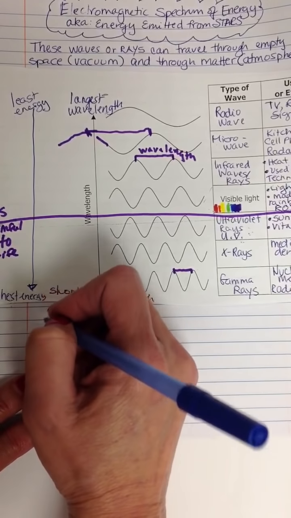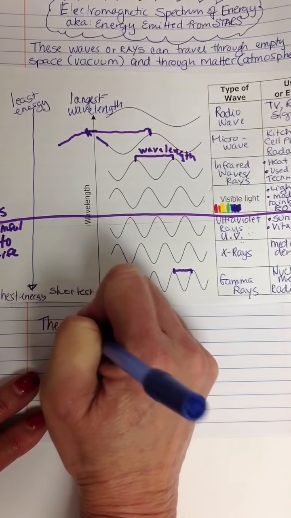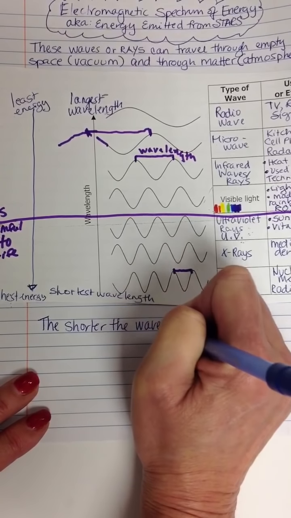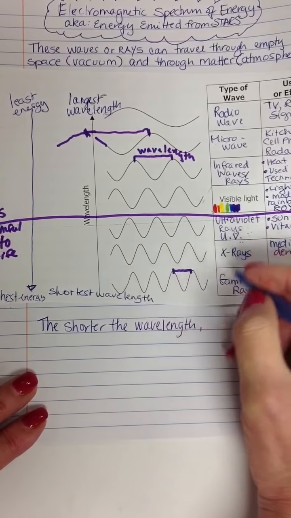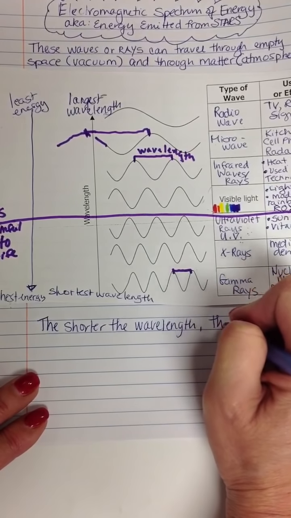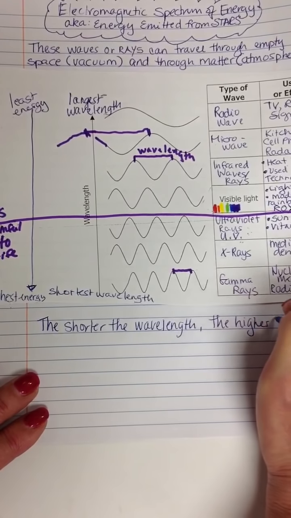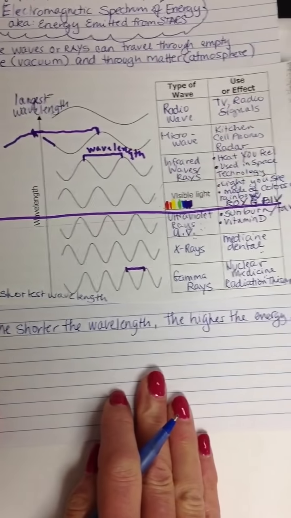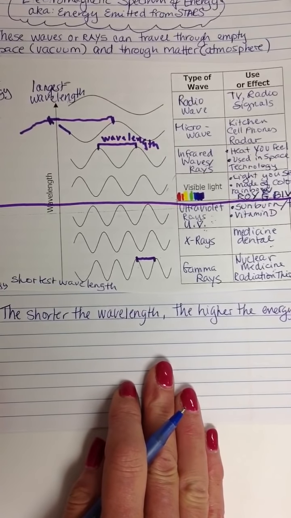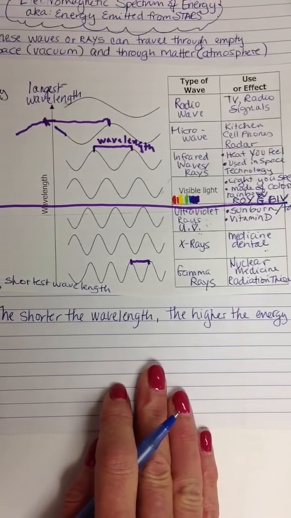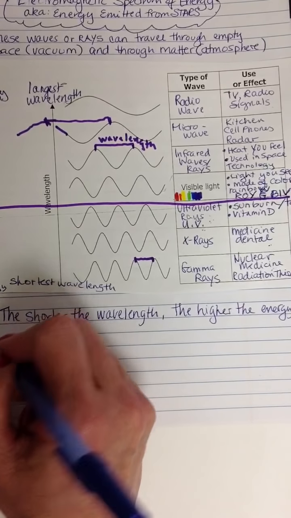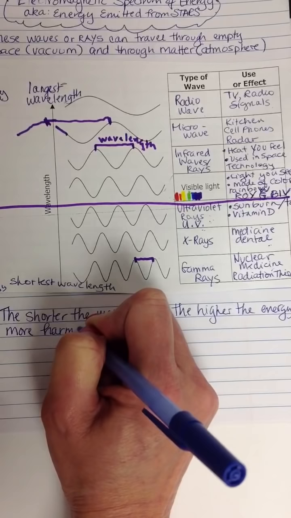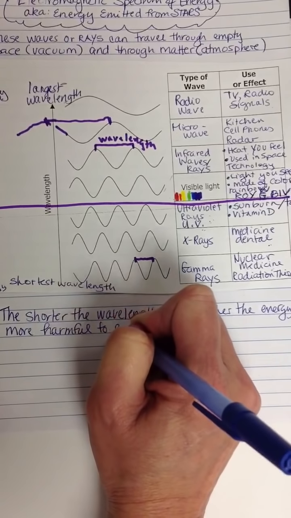We want to note the shorter the wavelength, the higher the energy, meaning the more dangerous to life, or more harmful to living things.